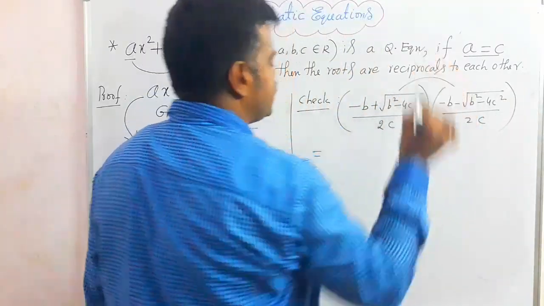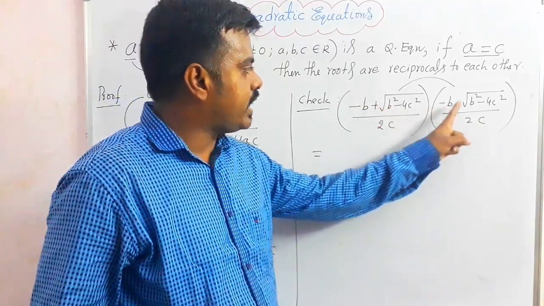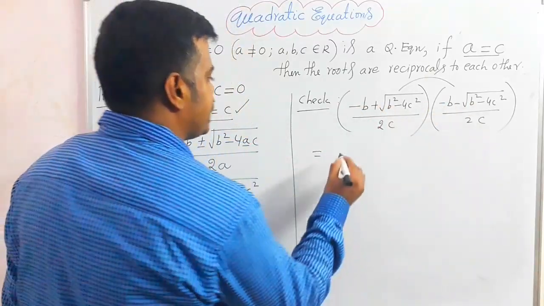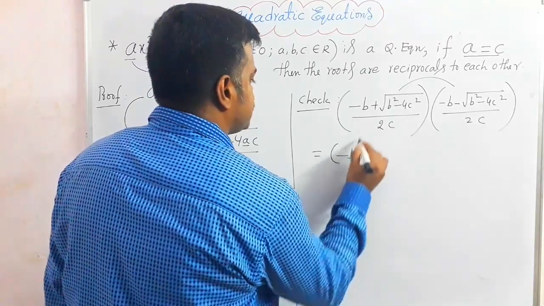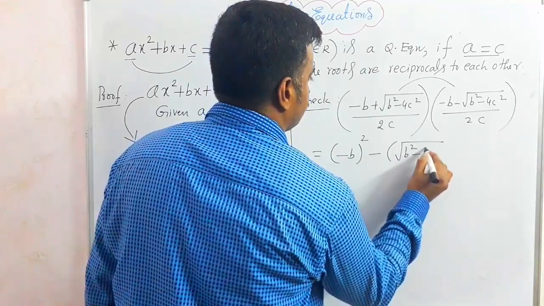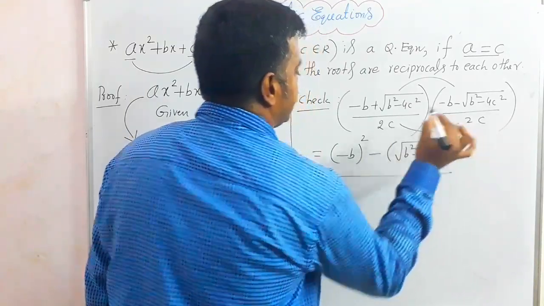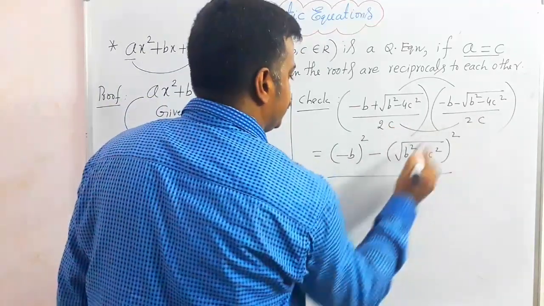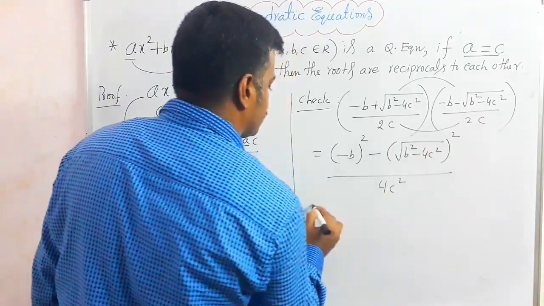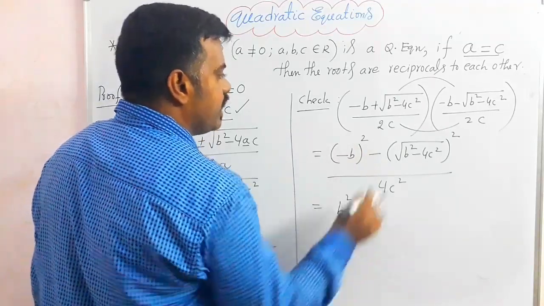If you multiply these both, these two are in the form of a plus b into a minus b. So a square minus b square. A square is minus b whole square, minus b square is root of b square minus 4c square whole square. If you multiply the denominators, 2c into 2c, it will be 4c square. Now minus b whole square is b square.